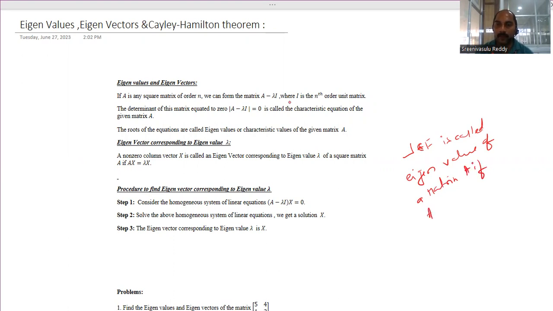if A times some column vector equals lambda times that column vector. After multiplying A with some non-zero column vector, here x is non-zero. You remember that non-zero column vector.